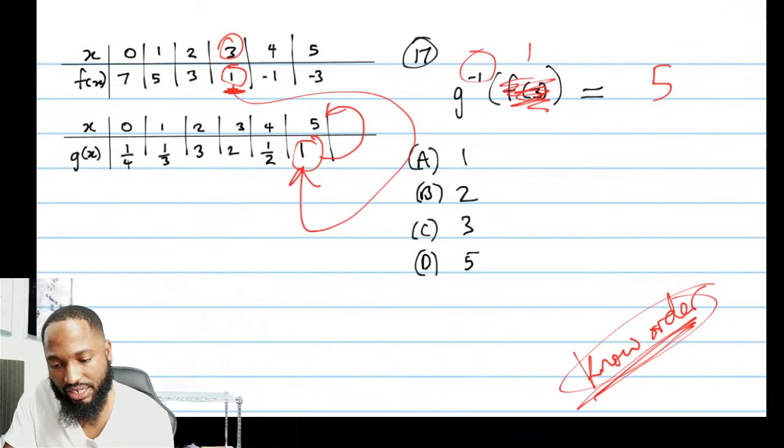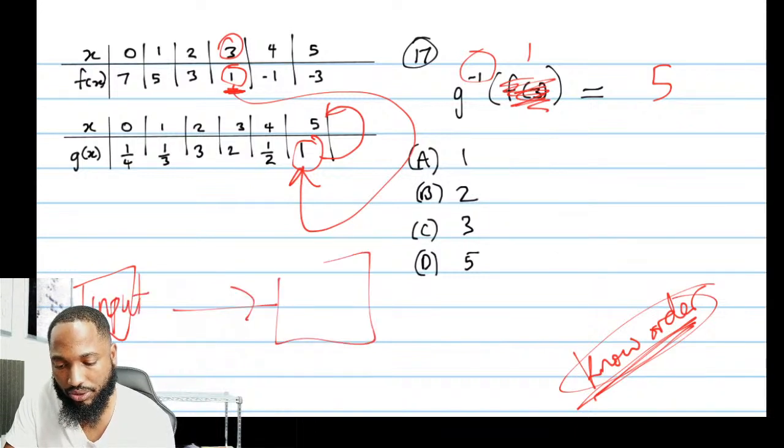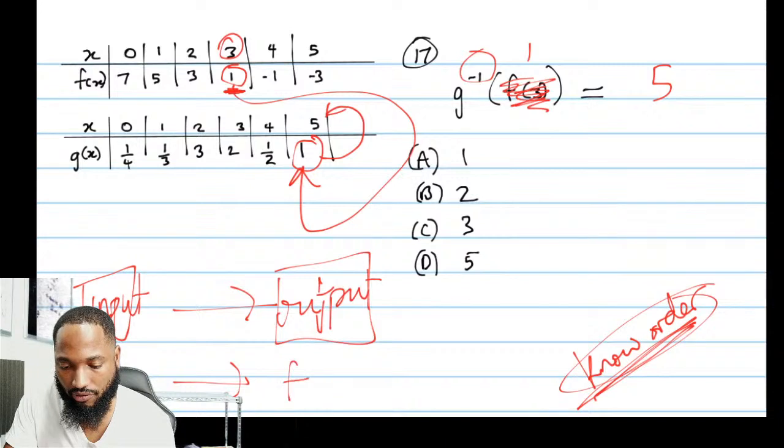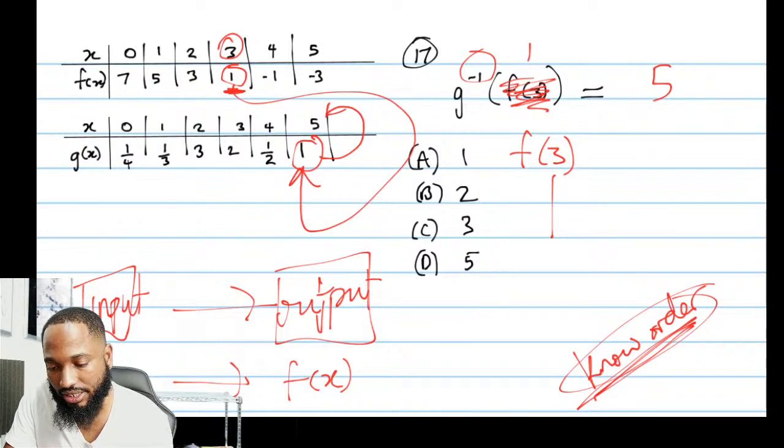So I think it's this inverse one you're talking about. Remember, input, output, x, f of x. So initially it's f of 3 inside there. The input is 3, f of x is the output. Put in 3, get 1. You're not done yet.